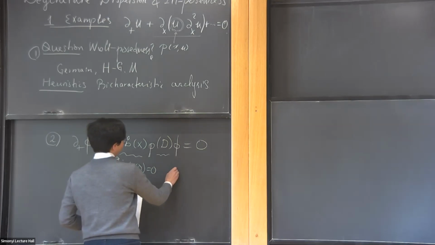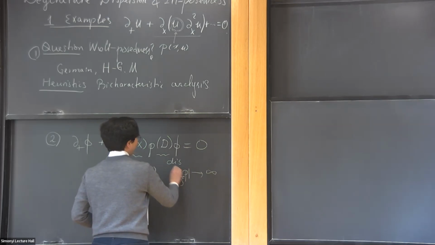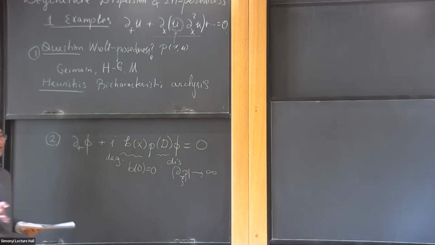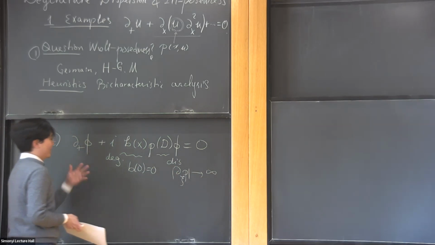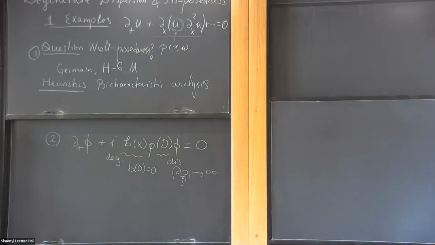Dispersive simply means that for me, p(ξ) goes to infinity when the frequency goes to infinity. So this is what I will call a degenerate dispersive equation.